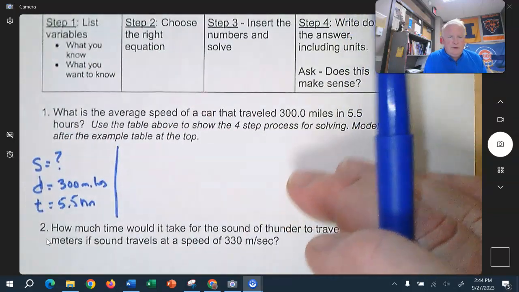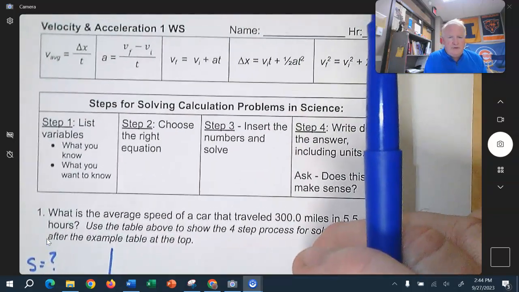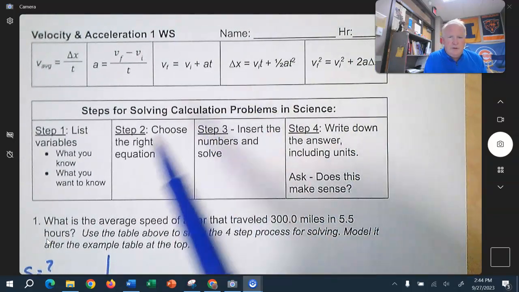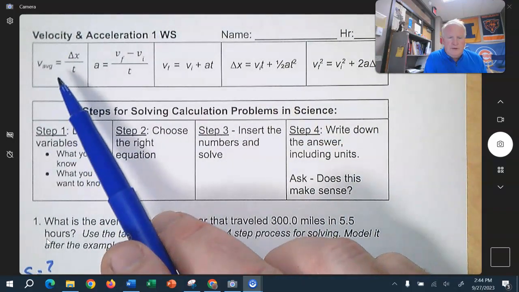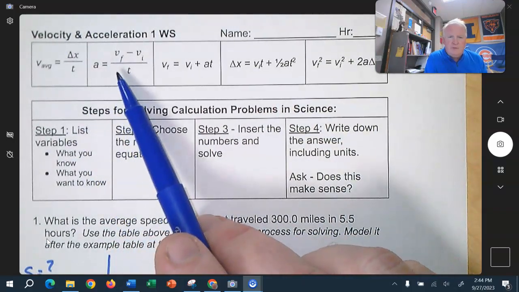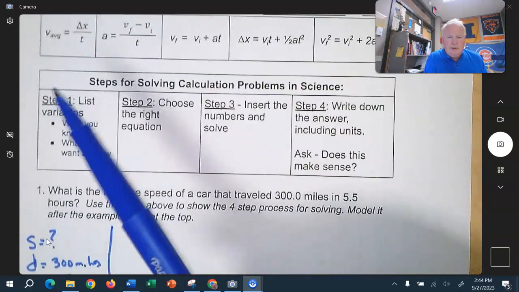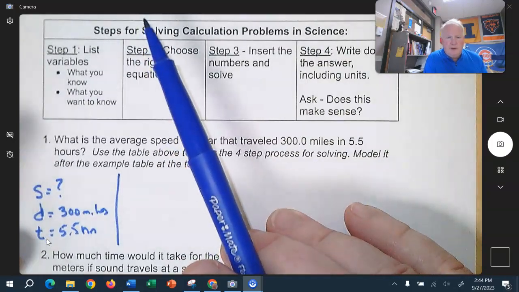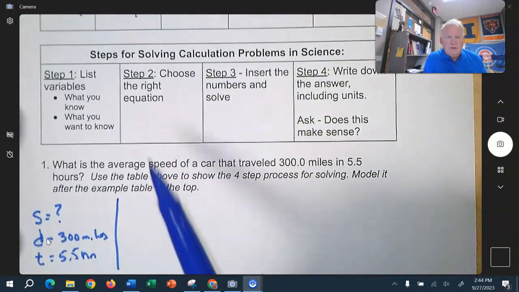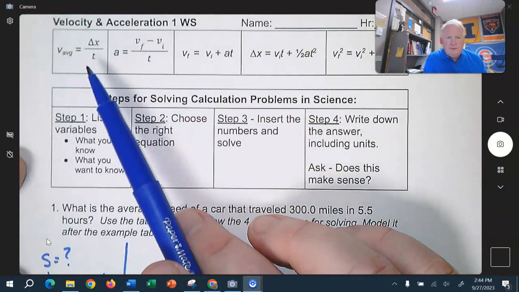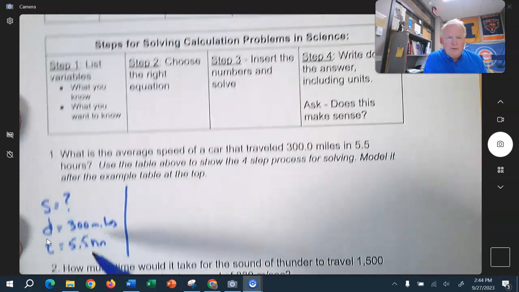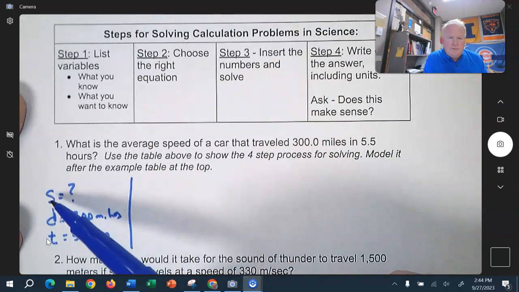So now when I look at my equations that I have to choose from, first of all, there's only one that has 3 variables in it. Everything else has 4. And so whenever we get a problem with 3, the choice of what equation we're going to use is pretty simple. It's right here. That's the only one that we could possibly use. And then when we look at the variables, does it have speed in it?